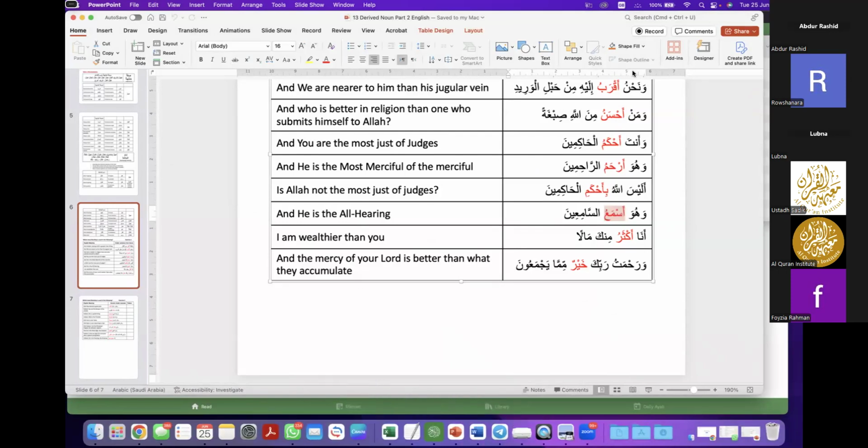Aktharu is the pattern of ism tafdil, af'alu. It has min, minka, mala. So this is the comparative one because it's got the min, inshallah. And we can see it in the translation as well. Yes. Good. Excellent. Exactly right.